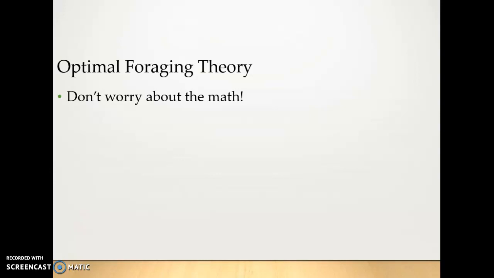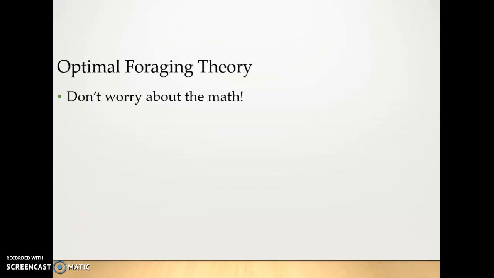You do need to understand it, okay? And I'm going to go over essentially what goes on in optimal foraging theory, but you don't need to know the math, and you don't need to know the names. I could care less that you know who came up with this, okay? So don't worry about that. Just stick with the information, and you'll be okay.